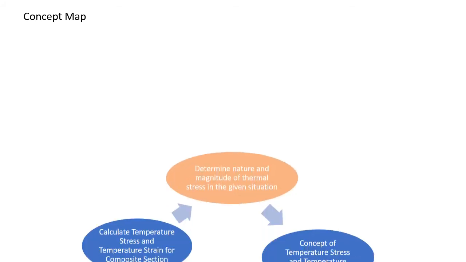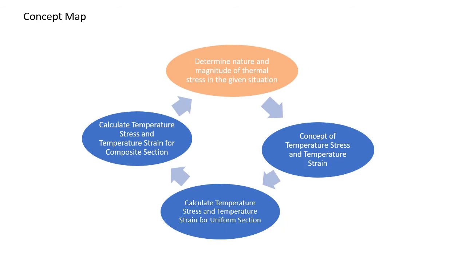Let's understand the concept map of thermal stress and strain. In this concept map, we have to achieve the target, that is determine nature and the magnitude of thermal stress in the given situation.